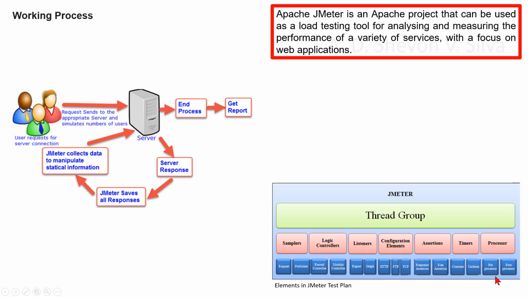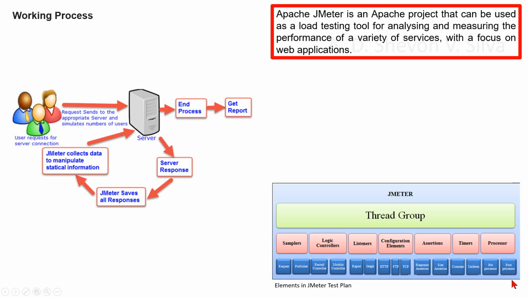These are the lists made up of all preprocessor elements in JMeter: JDBC preprocessor, JSR223 preprocessor, regex user parameters, BeanShell preprocessor, BSF preprocessor, HTML link parser, HTTP URL rewriting modifier, HTTP user parameter modifier, and user parameters.